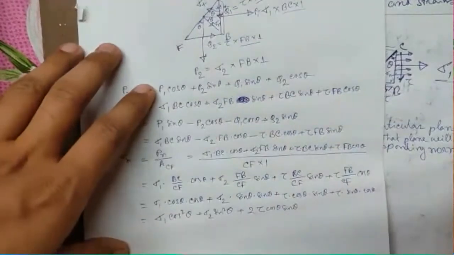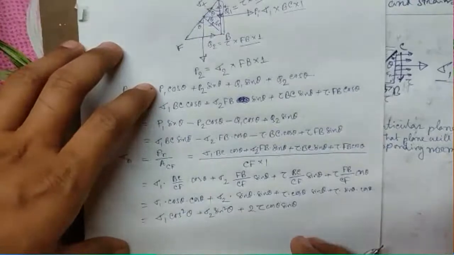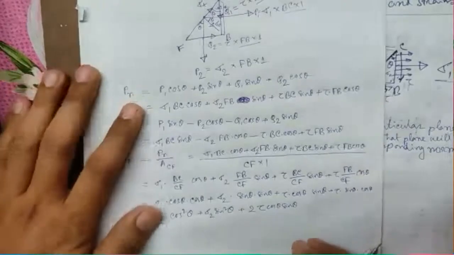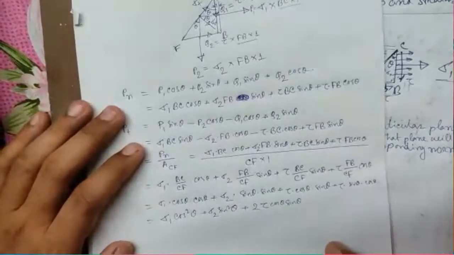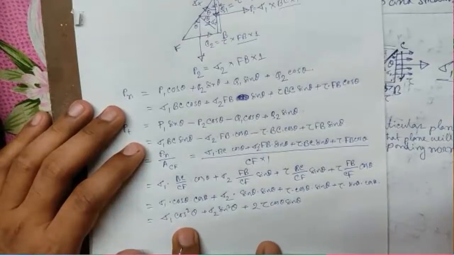Now from cos square theta, we can write the formula 2 cos square theta equals 1 plus cos 2 theta.